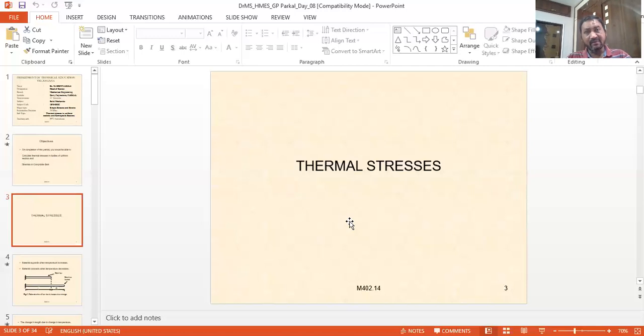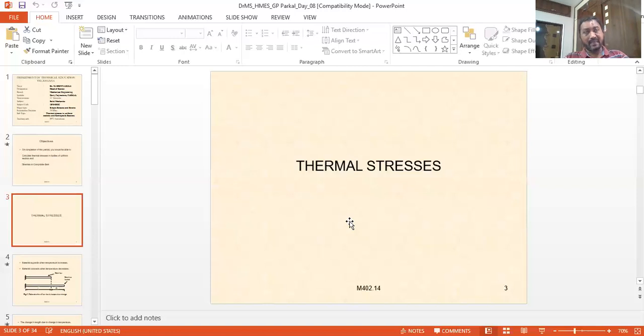The body will try to contract, but the end supports at which the ends are fixed will not allow the body to freely contract. So in this case, the body will be subjected to two equal and opposite pull type forces, nothing but the tensile forces, and as a result the tensile stress will be developed in the bar.